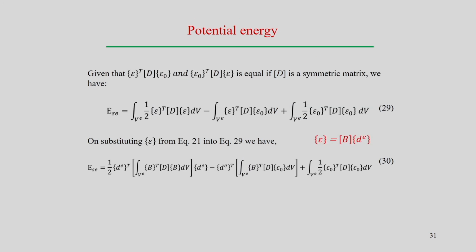Now, this value and this value can be equal, because D is a symmetric matrix. If D is a symmetric matrix, this value and this value are equal, and then we can reduce one term, and the potential energy can be represented by epsilon D epsilon, epsilon D epsilon 0, and epsilon 0 D epsilon 0.